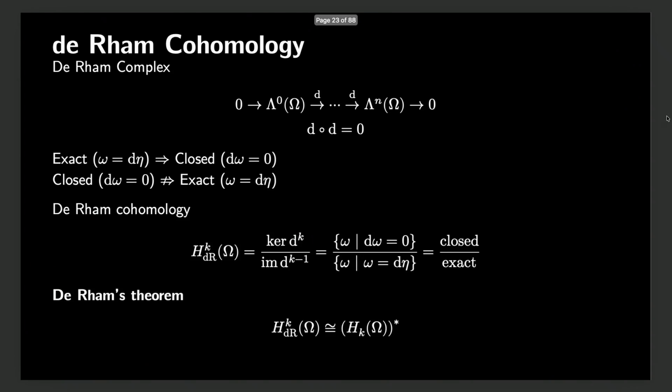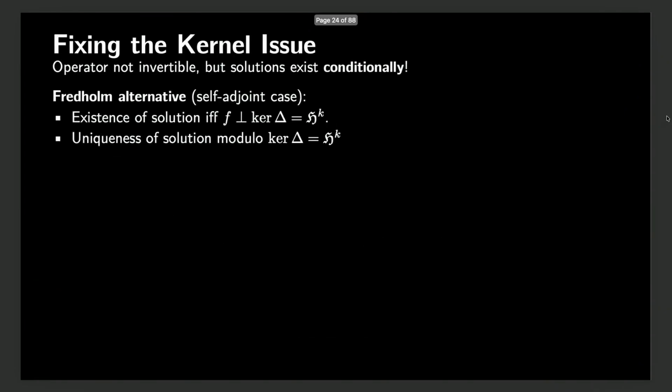We can define the de Rham cohomology group, which is the quotient group of the closed and exact forms. And de Rham proved that the cohomology of the differential forms is isomorphic to the homology of the topology, so it really does represent the holes.